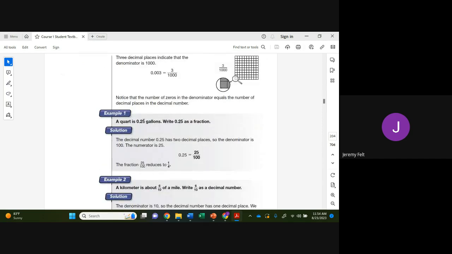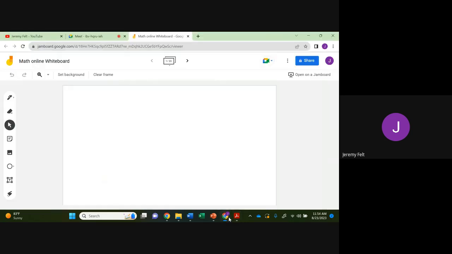So a quart is 0.25 gallons. As a fraction, if we go 0.25, well, this is tenths, hundredths. So this is 25 hundredths. And for right now, I know we're just getting the hang of things, but this we can actually reduce down.